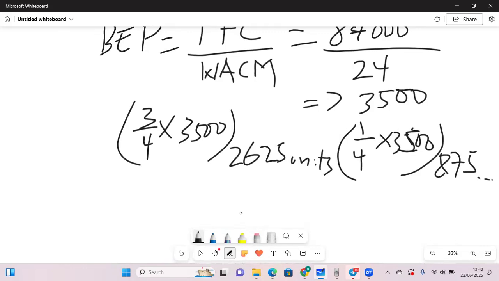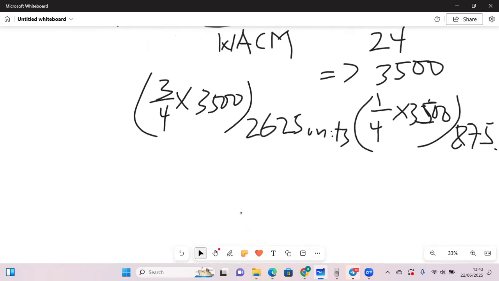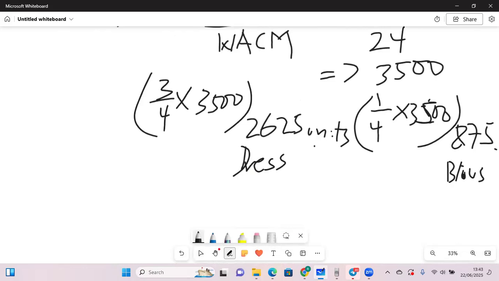Therefore, the break-even point for dress is 2,625 units, whilst the break-even point for blouse is 875 units, respectively. So that's the break-even point for each. This is for the dress, and this is for the blouse. Easy peasy.